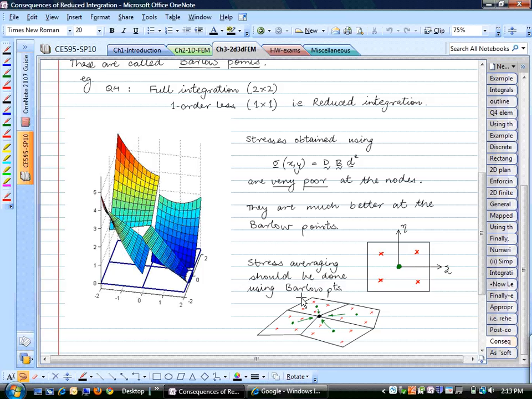But this is more or less an ad hoc procedure to try to come up with a stress at the node. Because if you look at it, your solution has already been computed. Your D global you have already obtained. After you've obtained your D global, everything else is post computation.